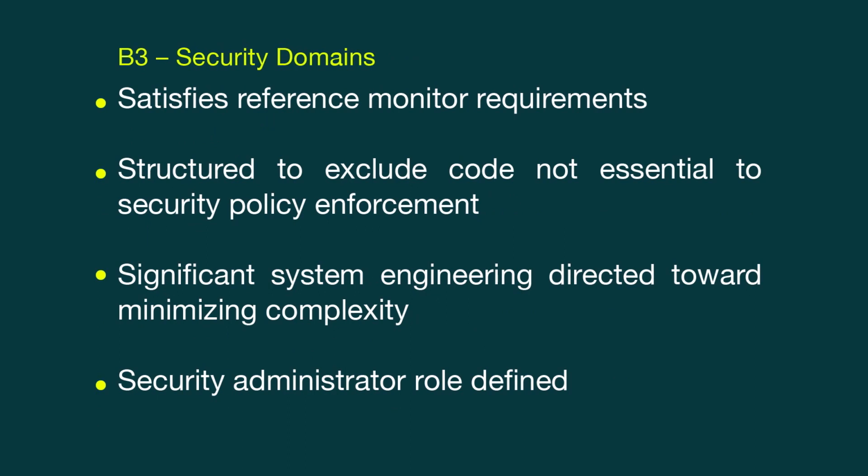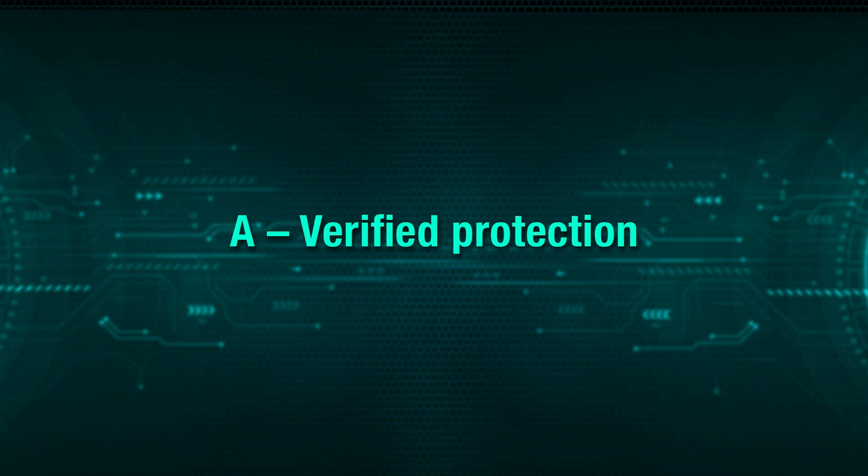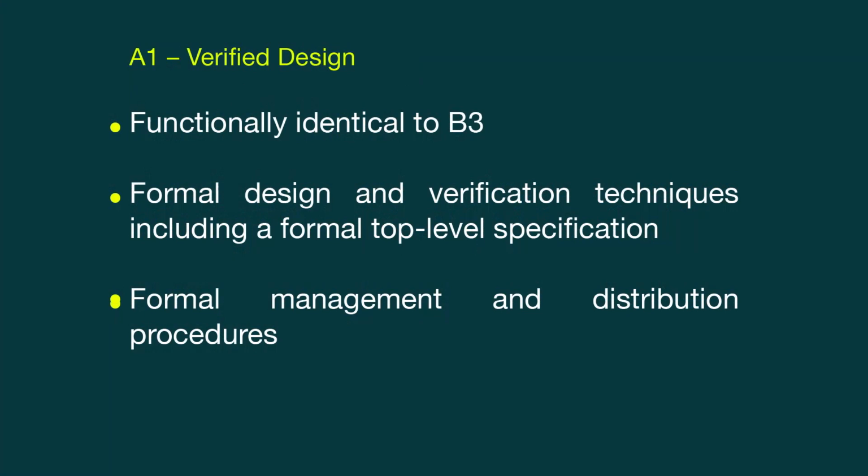B3, security domains. This satisfies reference monitor requirements, structured to exclude code not essential to security policy enforcement, with significant system engineering directed toward minimizing complexity, and a security administrator role is defined. A. Verified protection. A1 is verified design, functionally identical to B3.